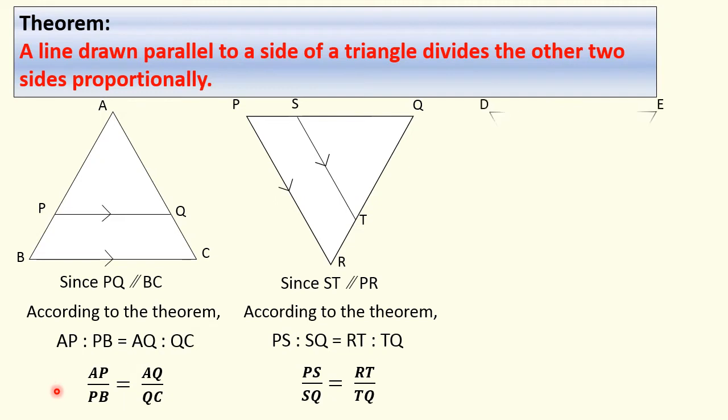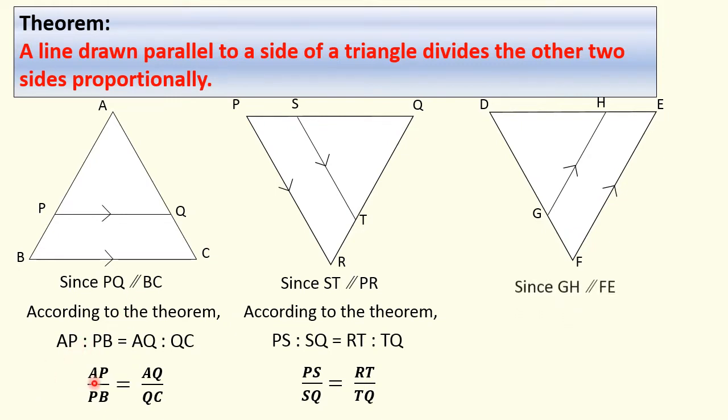Let's go one more. Triangle DEF, a line GH is drawn parallel to FE. So when a line drawn parallel to a side of a triangle divides the other two sides proportionally, that means for DF and DE, the ratios of the divisions are going to be equal.